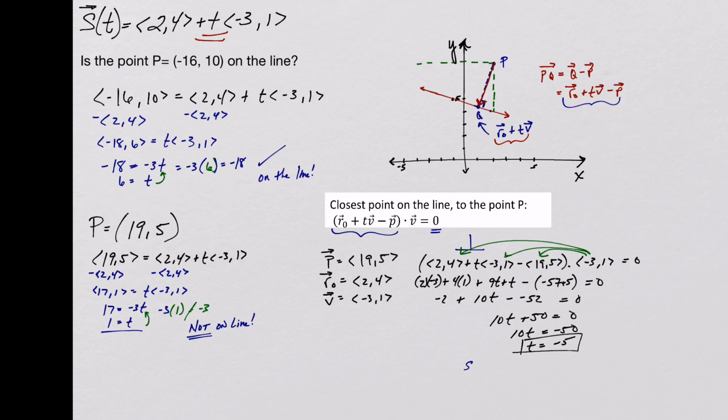So we can say s of -5 is equal to R naught, which was 2, 4, plus -5 times my direction vector, -3, 1. Right, and so we can do some scalar multiplication here, and so that's 2, 4 minus this vector, which will be 15 and minus 5.